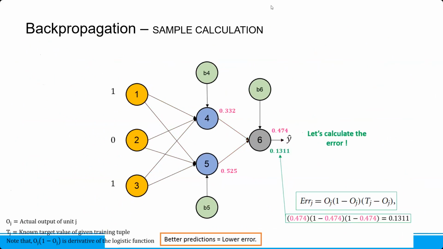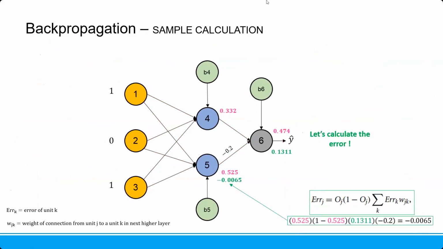So this is the error rate in the output layer. And you will do the calculation in each layer. How do we do this calculation? You will see the output multiplied by 1 minus the output, and then we will do the error multiplied by W.